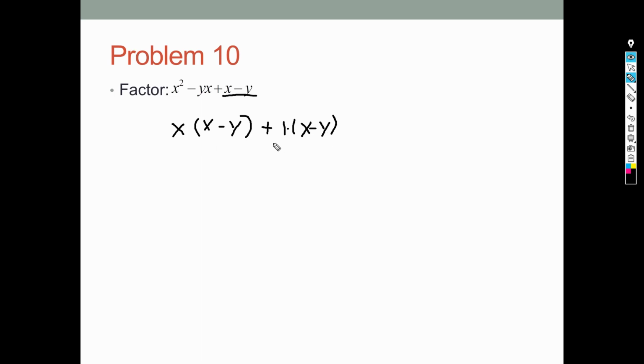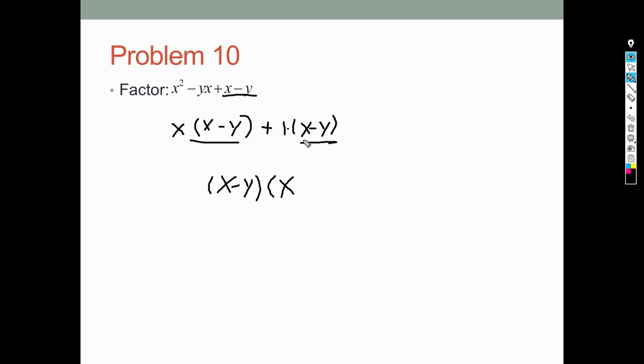And again, just like we did a while ago in solving the equations, take out a common factor. In this case, this factor is common here. This term has an x minus y, this has an x minus y, so take out the x minus y. Taking out the x minus y on the first one leaves it with an x.